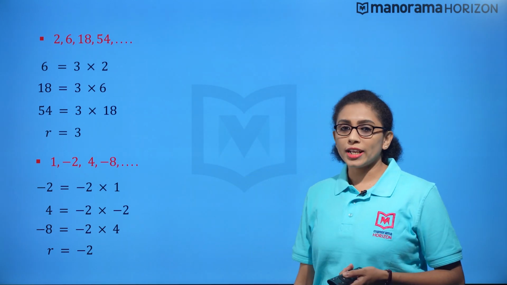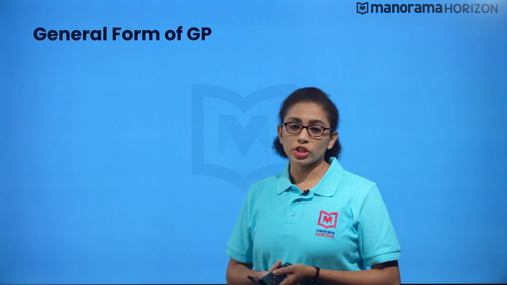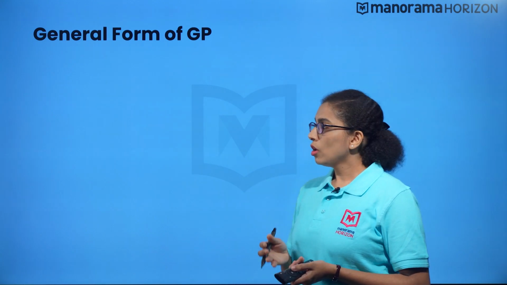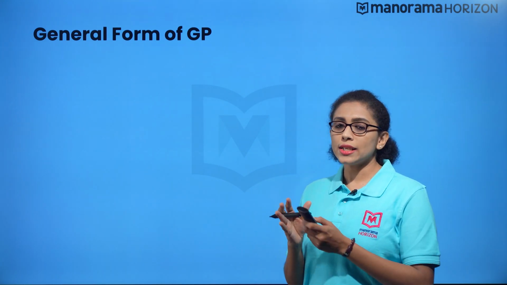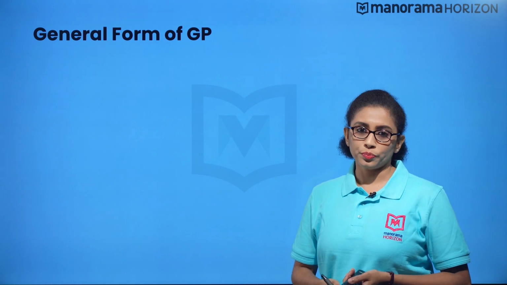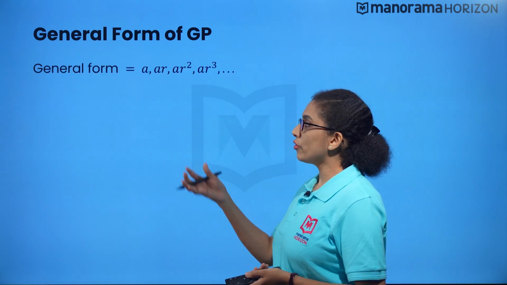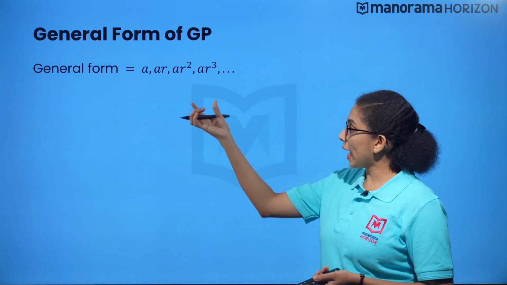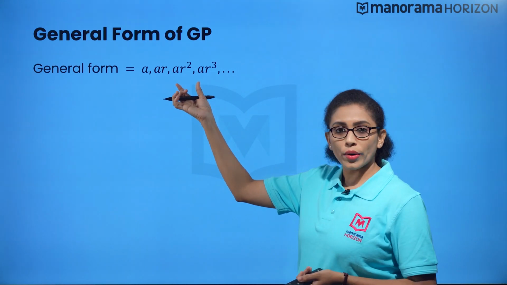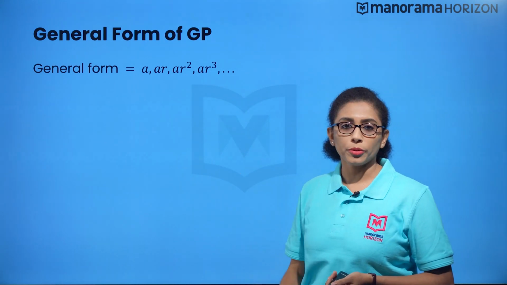Now, let us write down a general geometric progression using algebra. We shall take A as the first term of the sequence and R as the common ratio. Then, the general geometric progression can be expressed as A, AR, AR square, AR cube and so on.